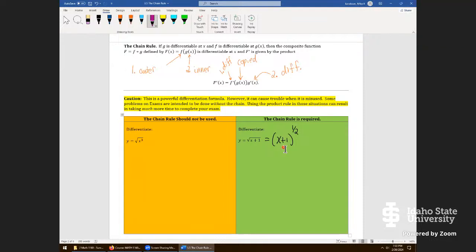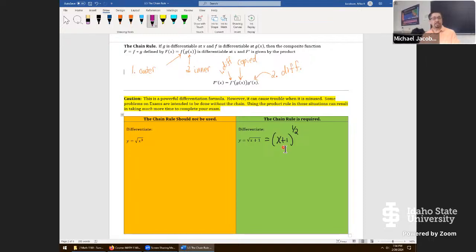Is that the inner function? Good call, Andrew. That one is the inner one and this one, absolutely. And sometimes what you can think of as, if you're not sure, the inner function, because we're thinking of a function composition, should be inside of something else. But being able to spot it is the whole strategy for the chain rule. If we can't identify what is inner and what is outer, that entire process breaks down.